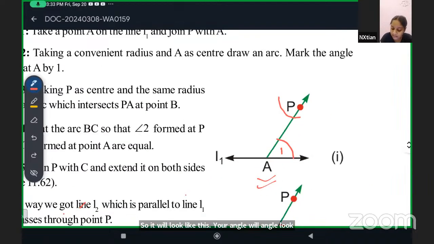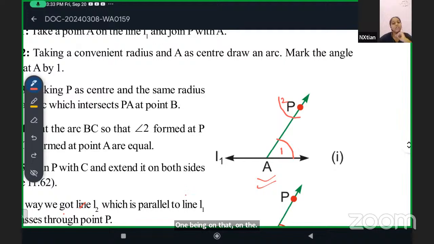Now name this angle P2. Yes, Edric. Now put 1 in the below one and 2 inside the above one. Ma'am, my diagram is completely opposite. Instead of the 1 being on the left side, it's on the right side.